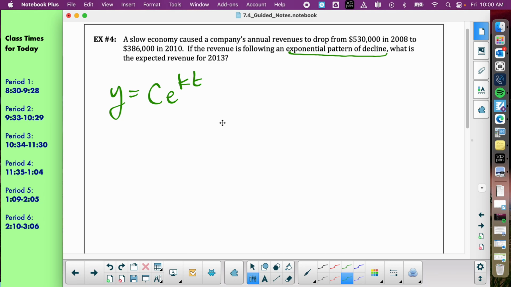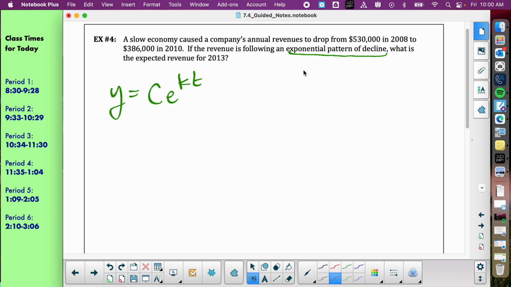What is the expected revenue for 2013? I think what would benefit us the most is to try to figure out from these numbers what would be the points we plug in. Because that's where most students get confused. It's not written in direct form.